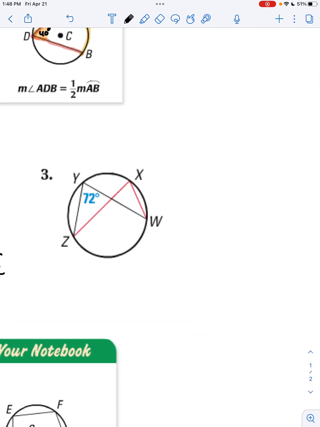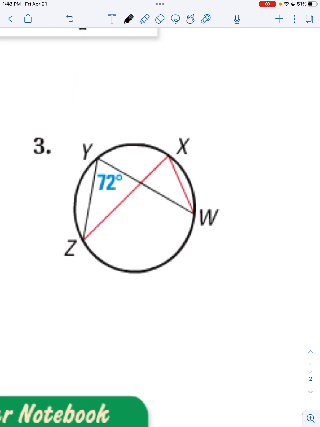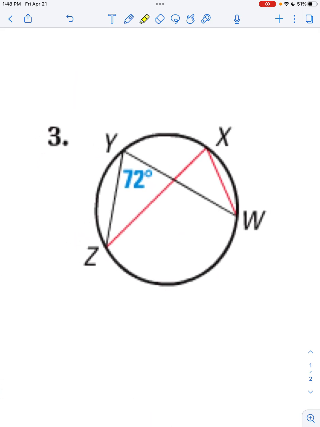And then if we look at this one, I'm going to look at the endpoints. This angle from Y to Z and Y to W has endpoints right here. And when I highlight my red section, I see that I actually have the same endpoints.